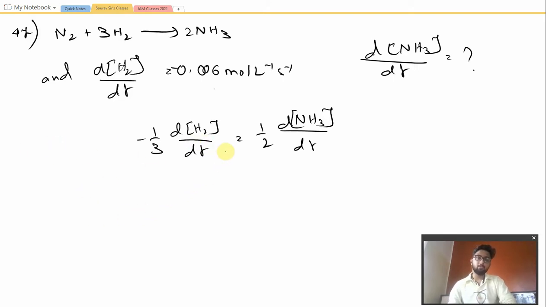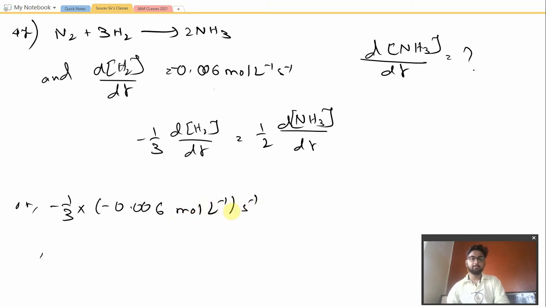This is the equation we would like to follow. Now let us put the value of dH2 by dt. So minus 1 by 3 into minus 0.006 mole liter inverse second inverse would be equal to, multiplying by 2, 2 by 3 into dNH3 by dt.